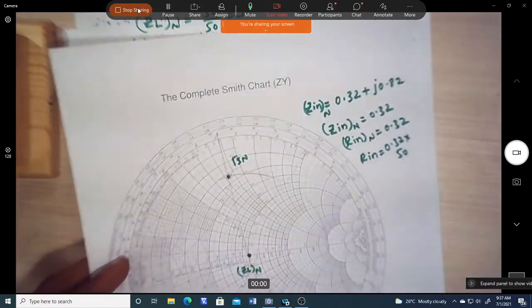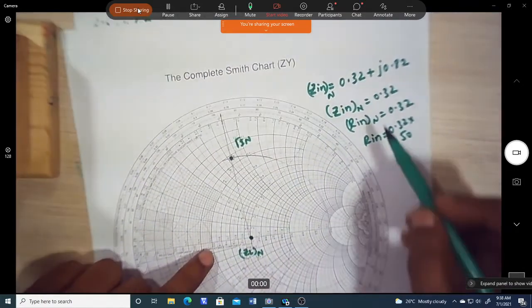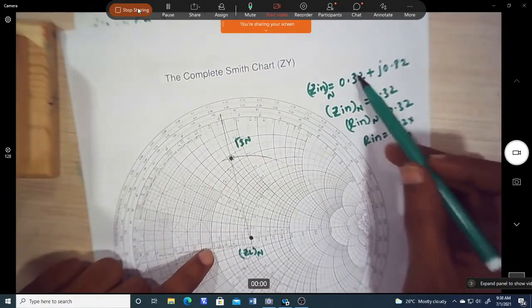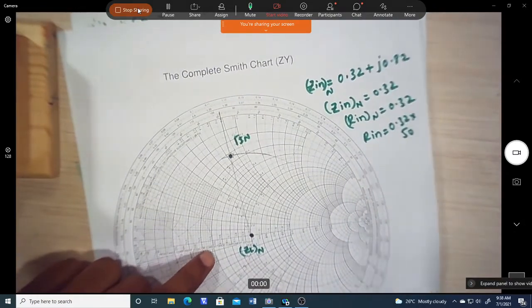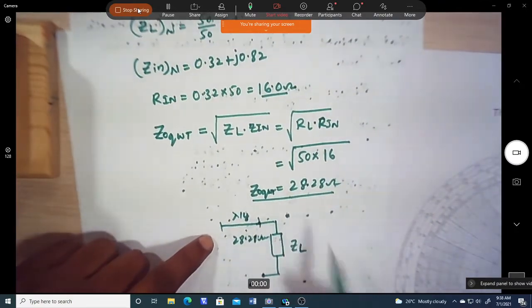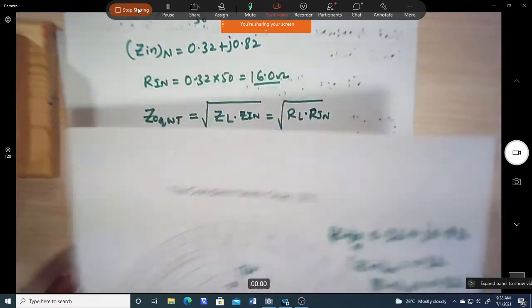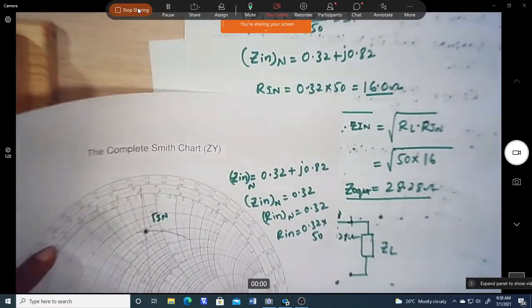Okay, so now we can transform this value. Okay, so where we got the normalized input impedance 0.32 by using this transformation. Okay, so you can see where 0.32 will come, so that transformation is going to happen.